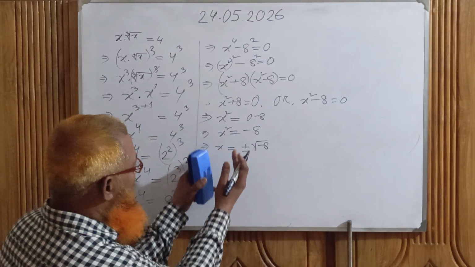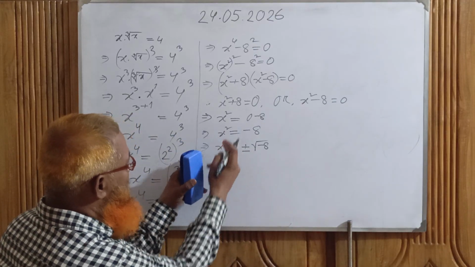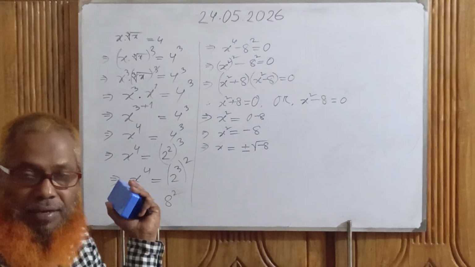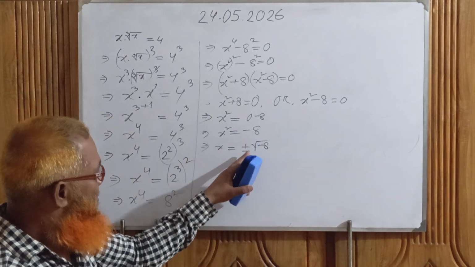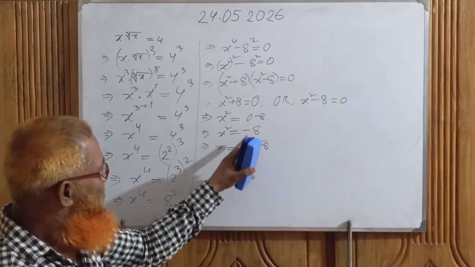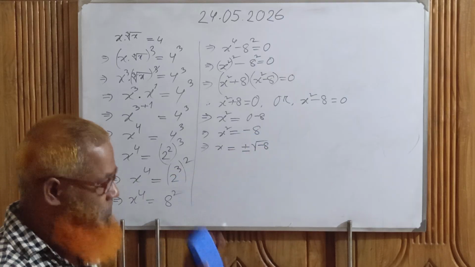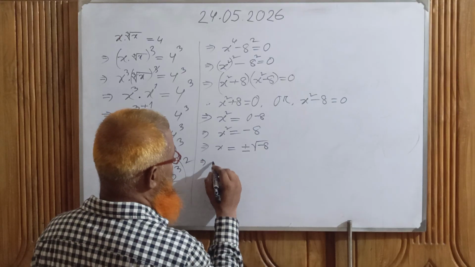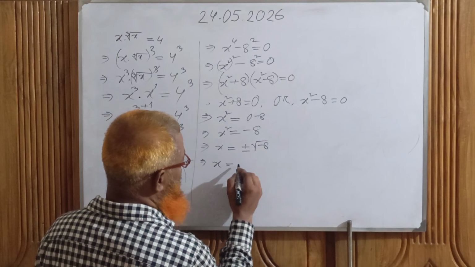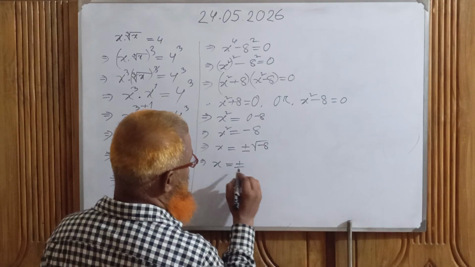And on both sides we take the root, so the square and the root are cut, and only x remains. x equals plus or minus root of minus 8.